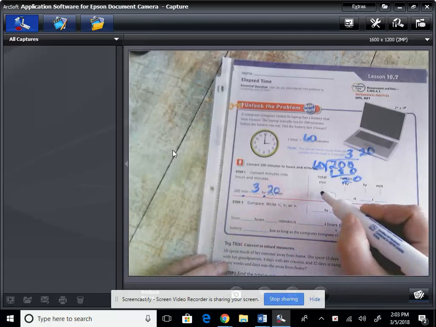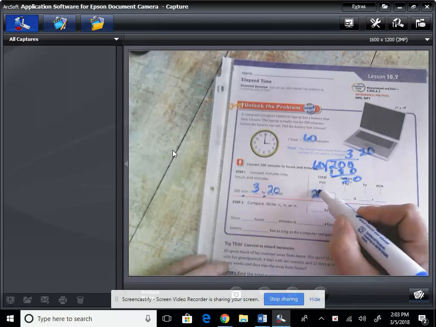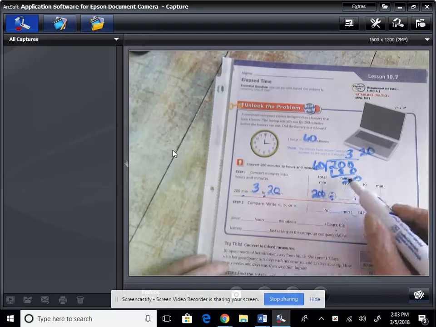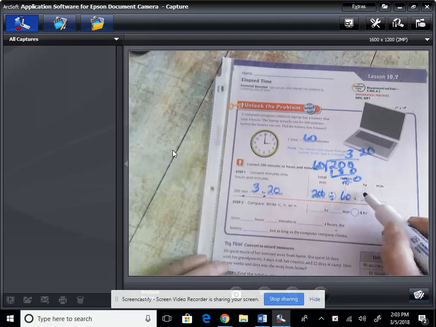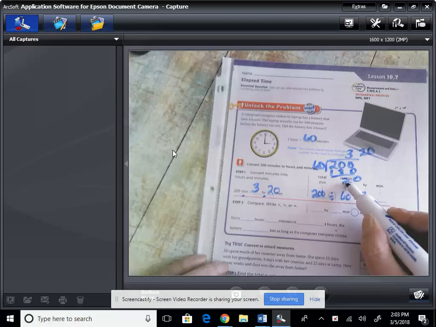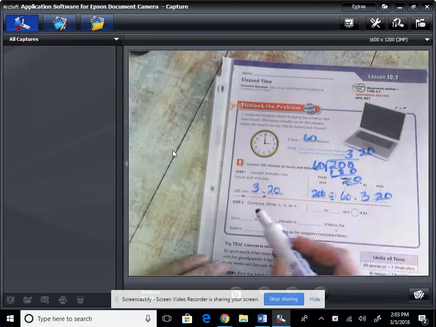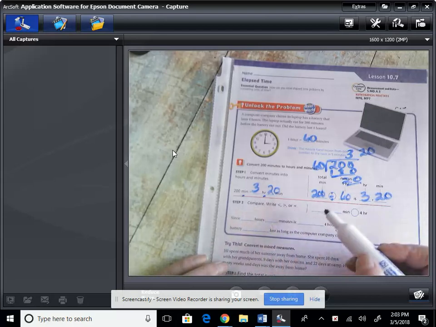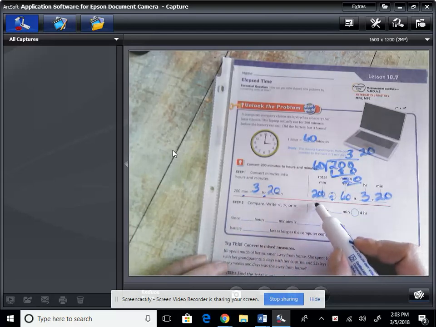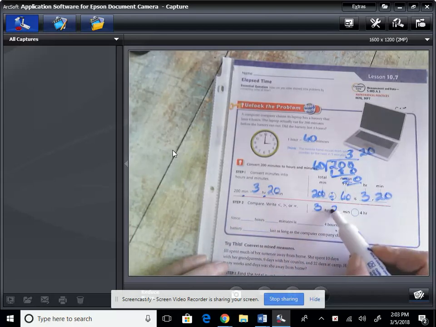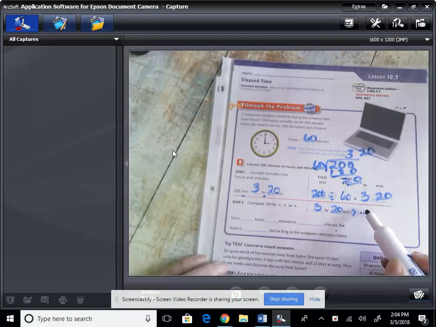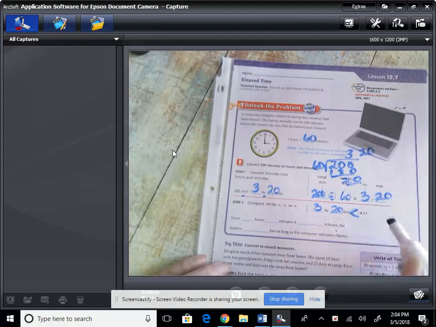So the total minutes was 200. We divided that by the minutes and the hours, and we got 3 hours and 20 minutes. So compare: 3 hours and 20 minutes is less than, and I did a greater than symbol, sorry, is less than 4 hours.